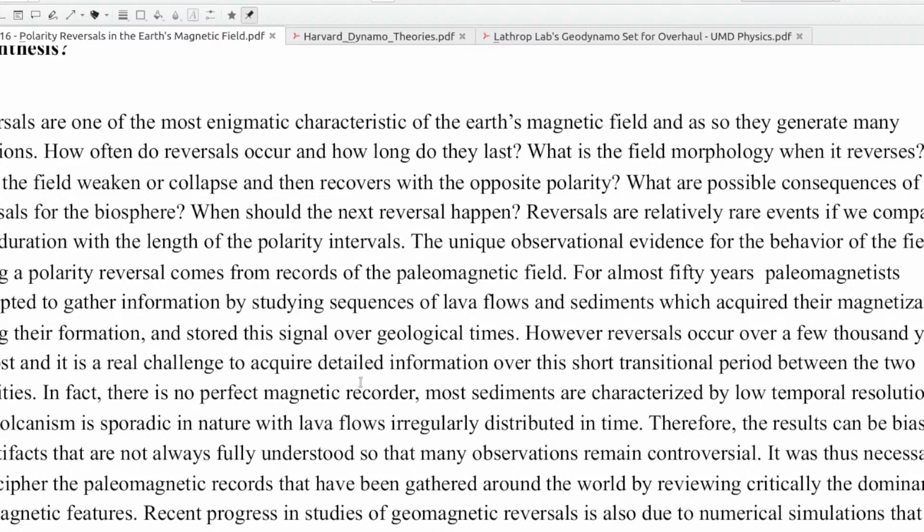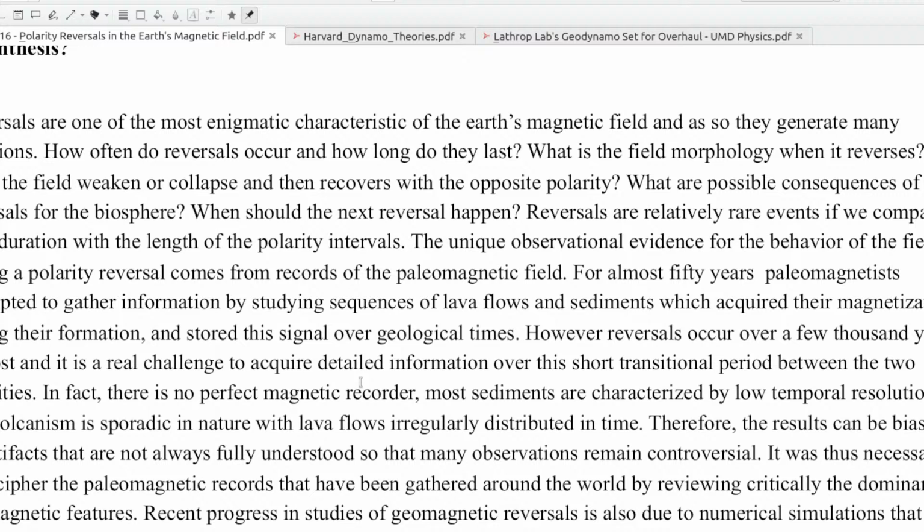How often do reversals occur, and how long do they last? What is the field morphology when it reverses? Does the field weaken or collapse and then recover with the opposite polarity? What are possible consequences of reversals for the biosphere? When should the next reversal happen?